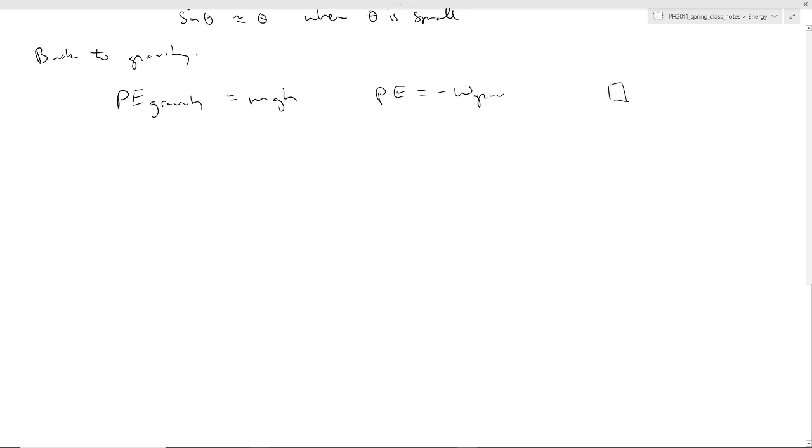If you imagine an object where you lifted up some height, let's put it like this. The work that gravity is doing in that situation is negative mgh, so the potential energy is mgh. Okay.